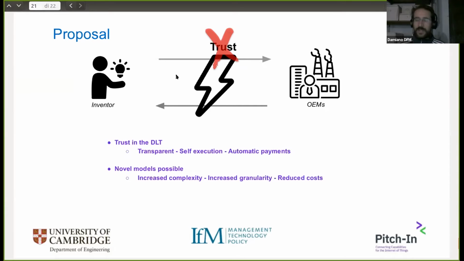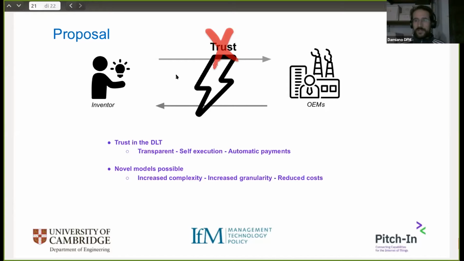The inventor, the licensor, can see at each time what's going on, and that he is being rewarded properly as intended by the license agreement. The execution is beyond the control of the interested parties, so it cannot be tampered with, and the payments can also be automated. So it is beyond the licensee's control, but gets automatically executed.